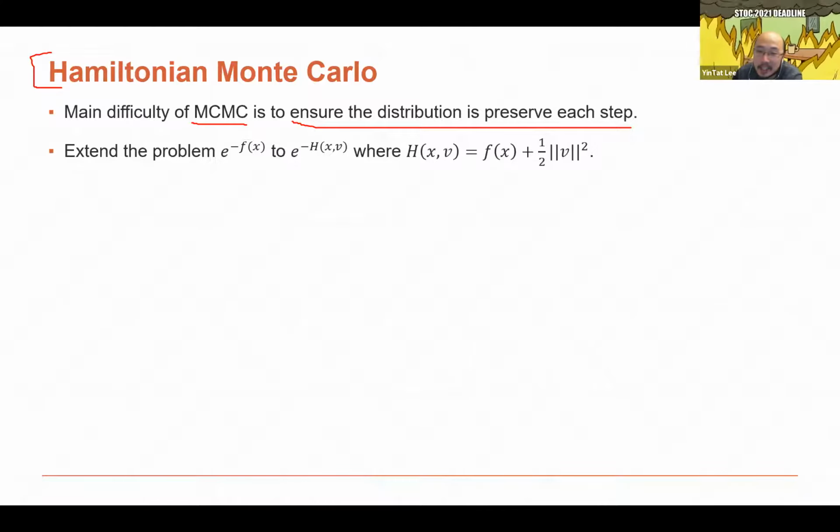And there is a very nice method, HMC. They extend the problem with one extra set of variables V. You can think of V as the velocity. Instead of sampling from e to the negative f, you sample from e to the negative f plus log of v. Notice if you can sample from this, you can get a sample from x by ignoring the variable v.